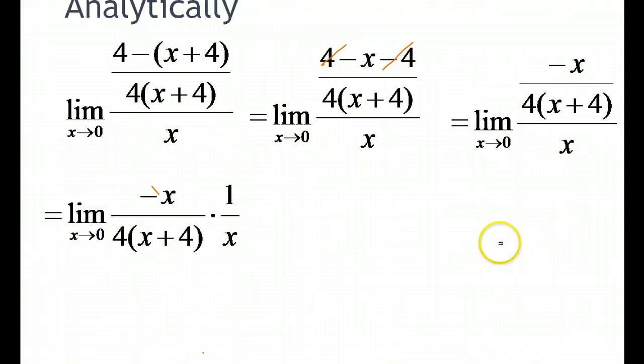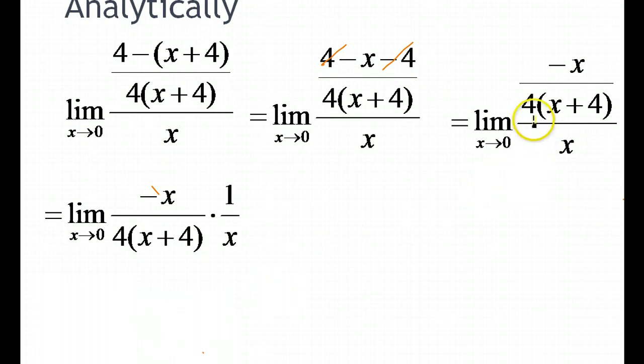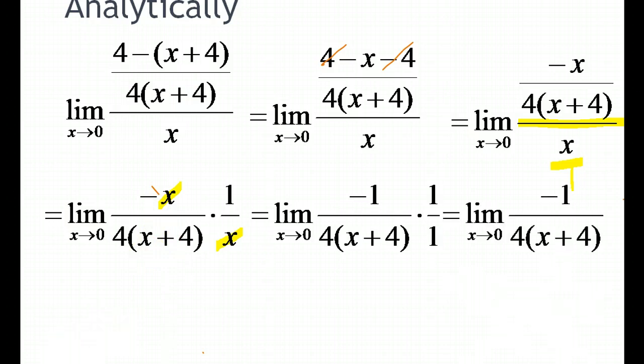Instead of having the whole entire thing divided by x, I could multiply by the reciprocal. So x over 1 here, I could say that it's multiplied by 1 over x. And that leads me to know that the x's are going to cancel out and leave me with negative 1 on top and 4 times x plus 4 on the bottom.